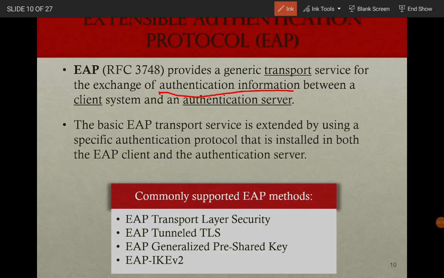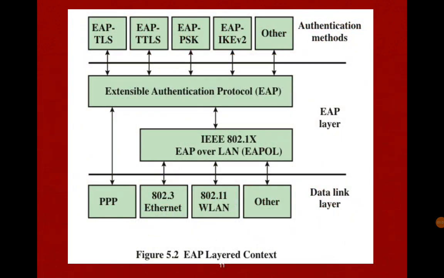The service can be extended by using a specific authentication protocol, and it should be installed both at the client side and at the authentication server. Commonly supported EAP methods are Transport Layer Security, Tunneled TLS, Generalized Pre-Shared Key, and Internet Key Exchange version 2.